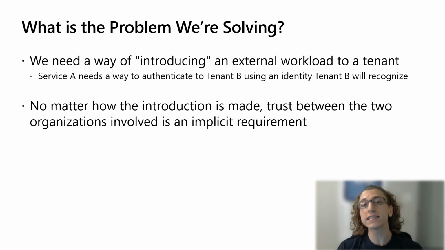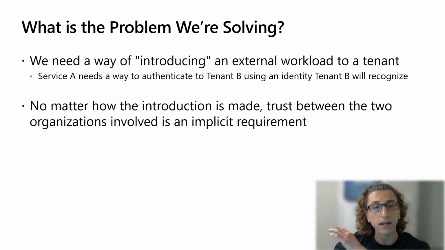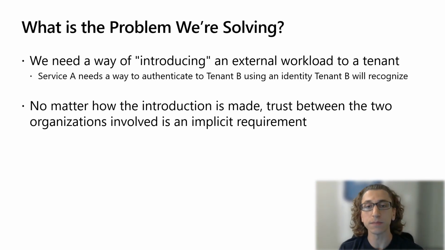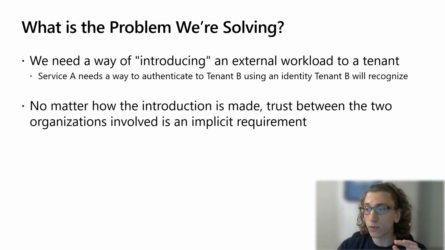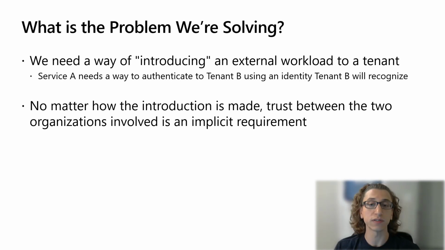But regardless of the exact process followed in making a workload known to some other tenant, one point I want to impress upon you is that a core requirement of making such an introduction is that there must be some level of trust between the two organizations involved. And this is really highlighted by the fact that a human will almost certainly be involved in this introduction, as you'll see in the next 2 examples.